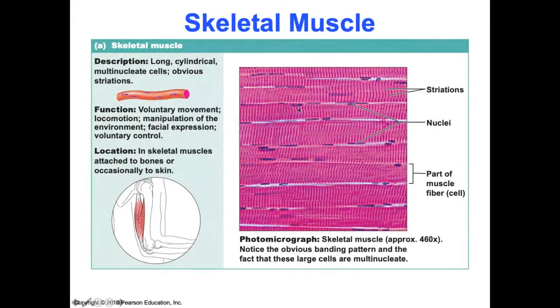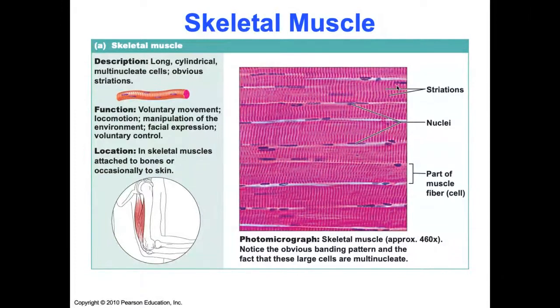When we look at skeletal muscle under a microscope, we see that it has these dark and light bands, dark and light proteins. In a future lecture, we'll get into a little bit more detail of these protein fibers called actin and myosin.